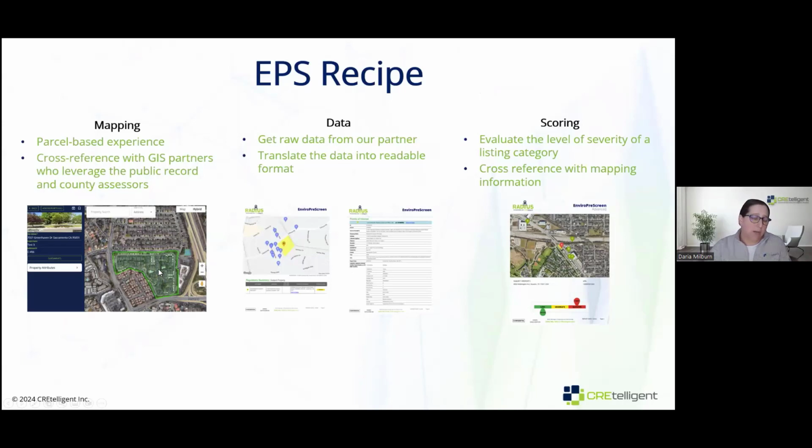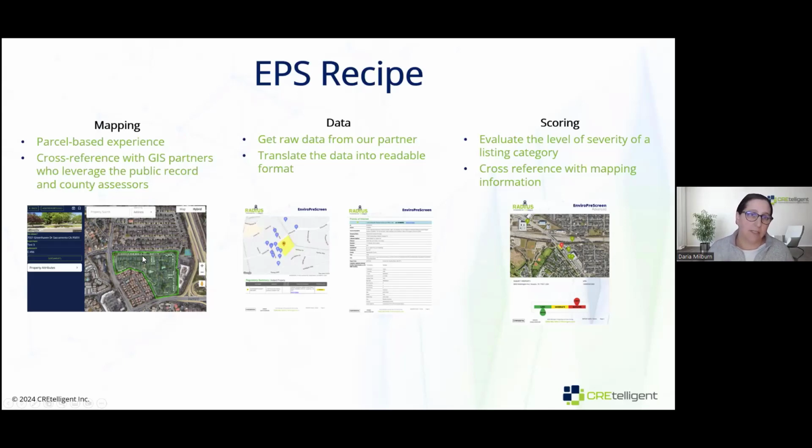And if we plotted in the middle and just used a point, 1/8 of a mile could very easily be contained within this area. So what we want to do is provide 1/8 of a mile out from the subject property boundary to give you the best data that we can and assess that risk relative to the subject.